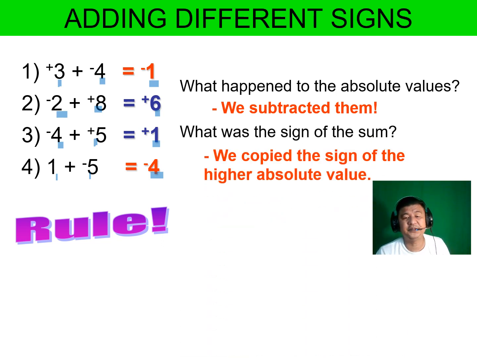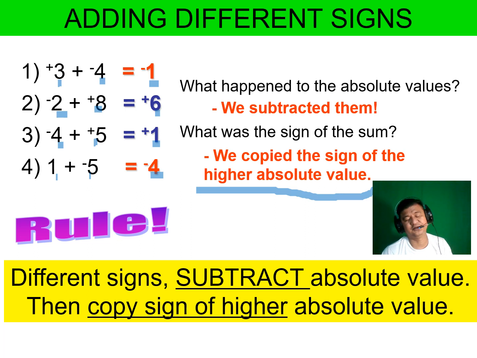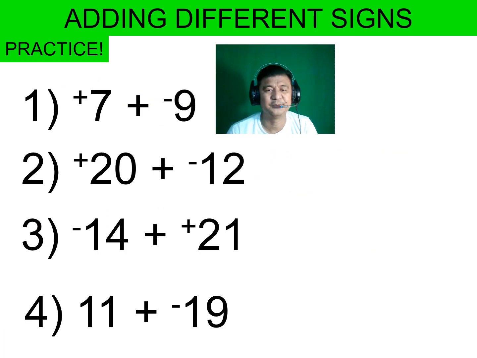Okay? We copy the sign of the higher absolute value, or in short, the longer line. Okay, so generalization. For different signs, subtract the absolute values, then copy the sign of the higher absolute value. In short, you could say subtract the lines and get the sign of the longer line. Okay, here we go. Longer absolute value.